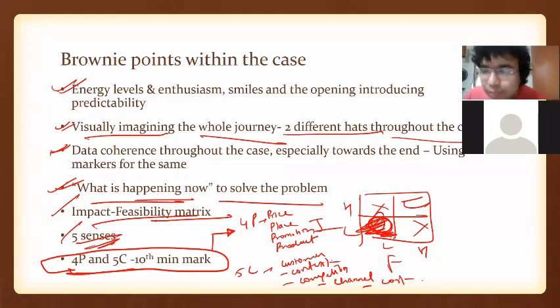Sometimes people use different sets. One of the C's changes depending upon who is writing, but these are generally the accepted 4 P's and 5 C's.